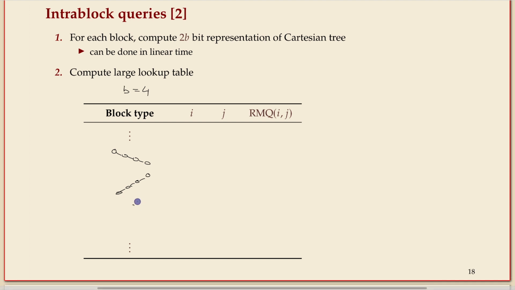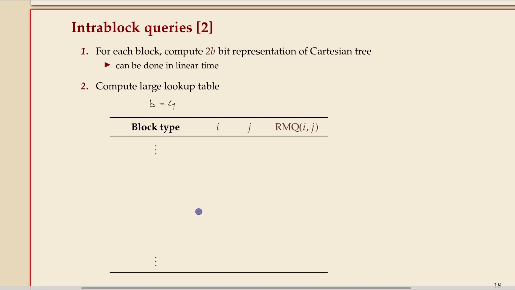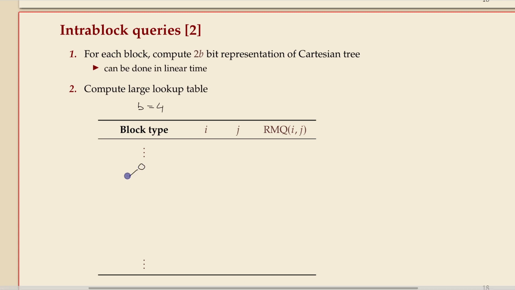Let me pick a less degenerate one. So I have 1 row in this table for each shape of the Cartesian tree and each position i and each position j. For example, one entry here could be for this tree and these 2 indices, that's these 2 nodes, the range minimum, the lowest common ancestor is 1.